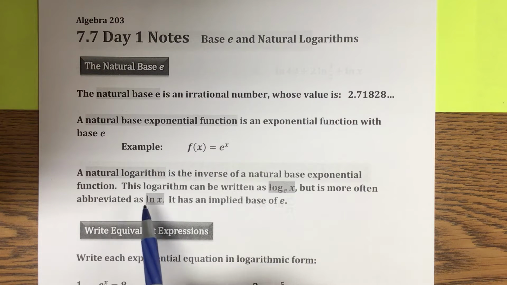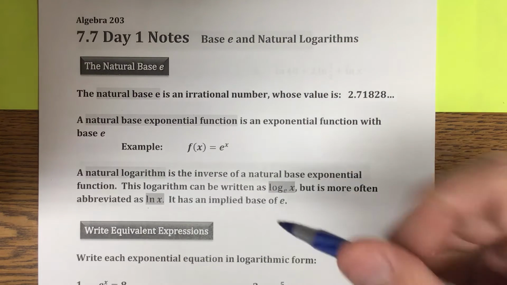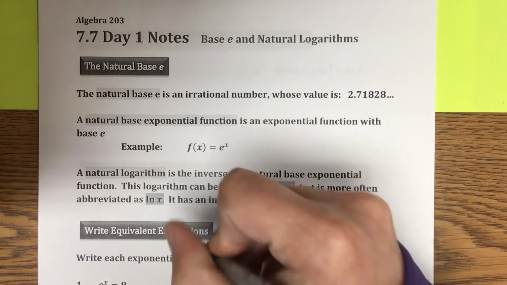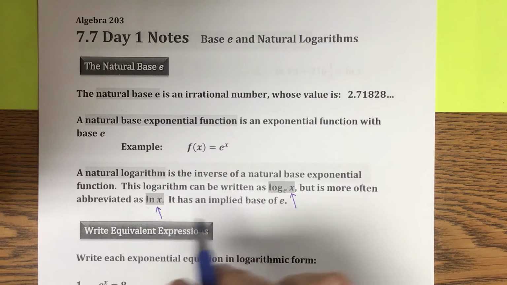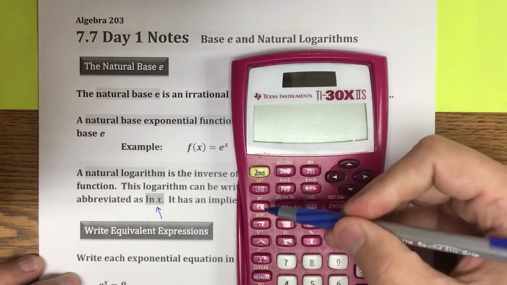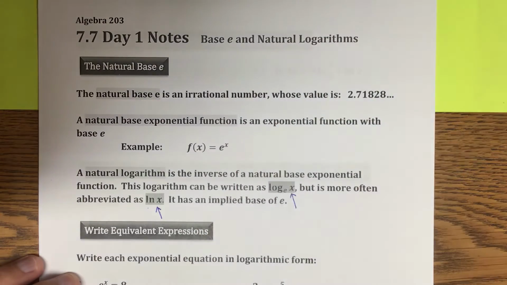So this ln stands for natural log, and it has an implied base of e. More than likely, you will never see it written out like this. It will always be denoted as ln of x. So be wary of that. The base is always e on the natural log. And the nice part is your calculator has a button for the natural log, that ln right there. We'll use that here in a moment.